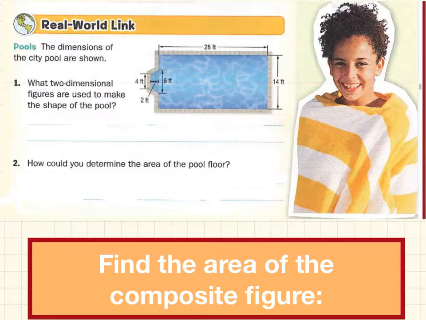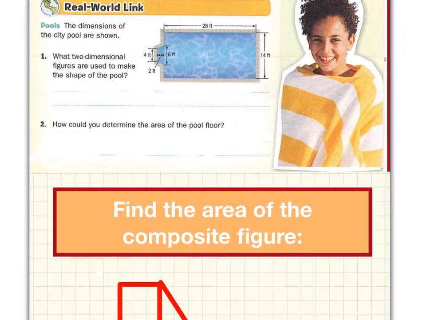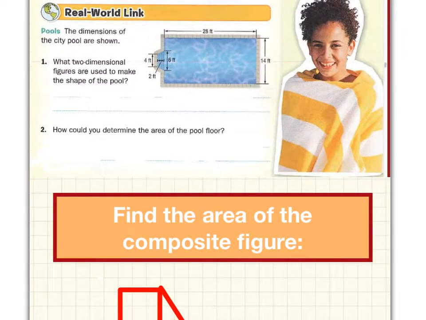As you can see in this picture, we have a pool, and we want to try to find the area of the pool. In order to do that, we have to talk about what it is. What two-dimensional figures are used to make the shape of the pool? Well, there's clearly a rectangle here, and then the entrance to the pool where the steps are, what does that look like to you?